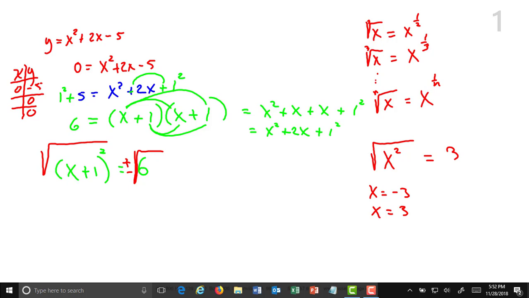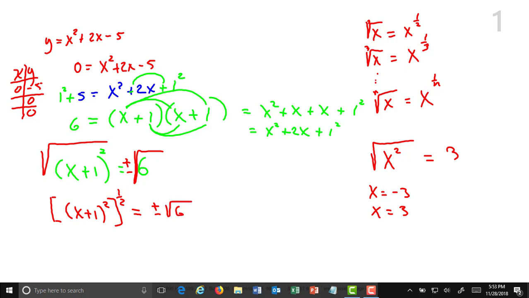Instead of this symbol, we can write it as this thing raised to what power? We can rewrite the square root as the half power. So we can write that as x plus 1 squared, and this red thing here can be written as the half power. And this is still going to be equal to plus and minus the square root of 6.